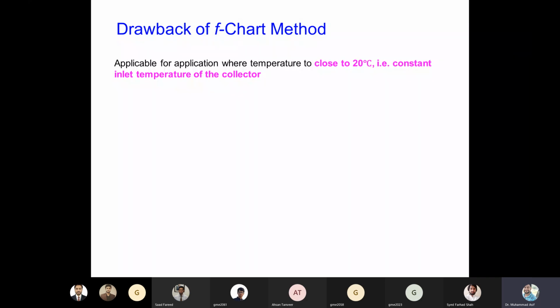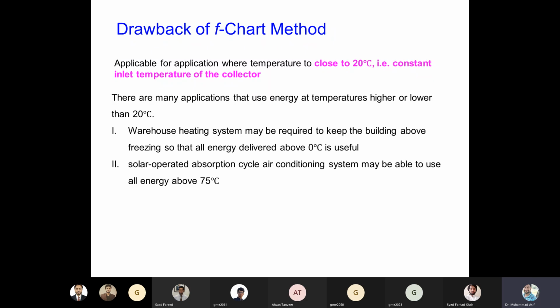But actually, when we deliver water to a storage tank, and then from the storage tank the water comes into the collector, the inlet temperature varies with the passage of time. It is based on the load. So the F-chart method is limited to when the temperature is very close to 20 degrees C, right? And we also have many applications where we need a temperature higher or lower than 20 degrees C, right?